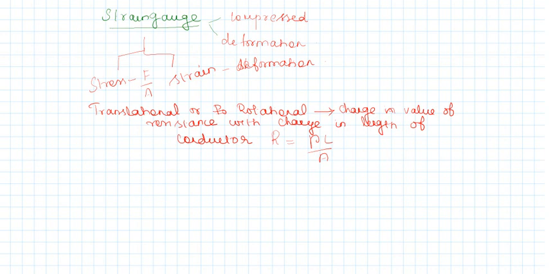Moreover, the resistivity of the material is also changed when there is a change in temperature, thus causing a change of resistance. The resistivity of the material is very, very important. It will also change with the change in temperature.